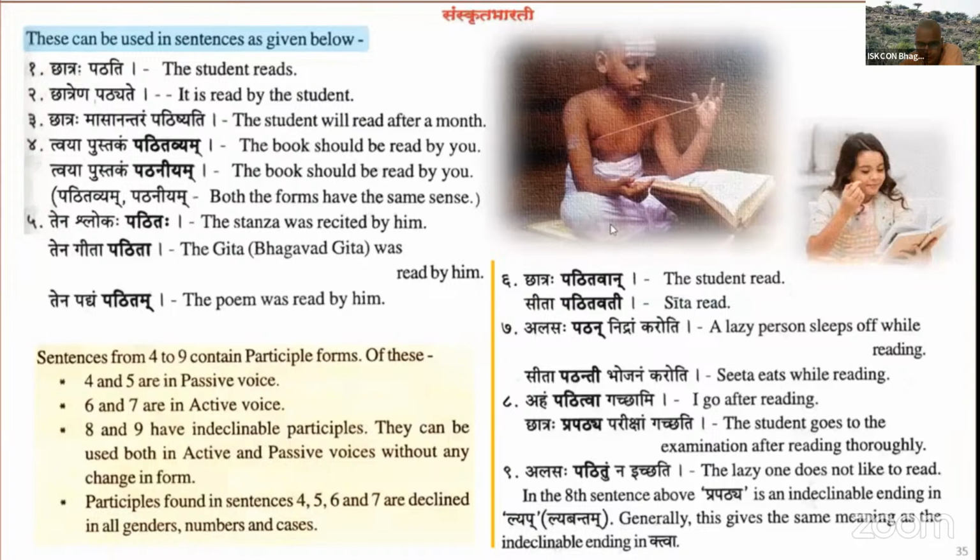Then 8 and 9. And 7 is also active voice, like Alsa Pathan Nidram Karoti. And Sita Pathanti Bhojanam Karoti. Pathan and Pathanti differ only in gender: Pathan is masculine and Pathanti is feminine.